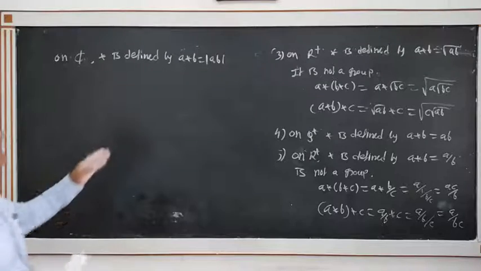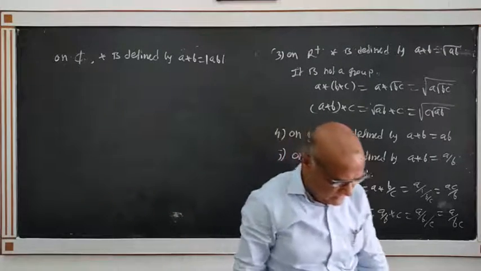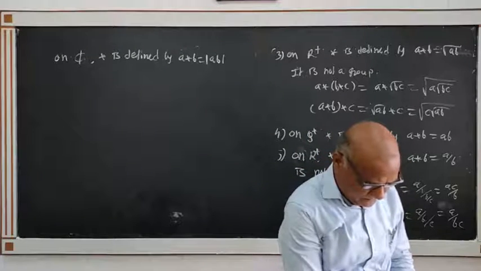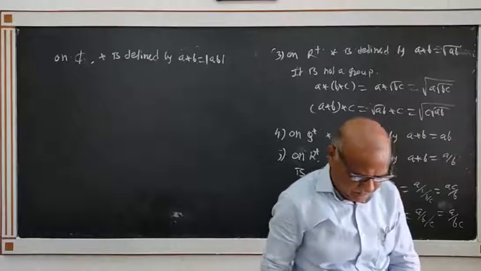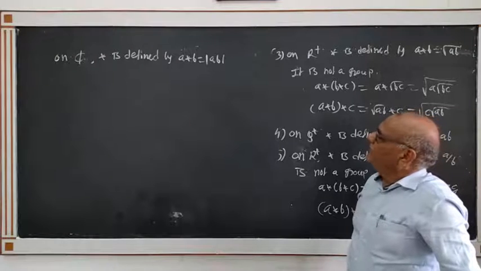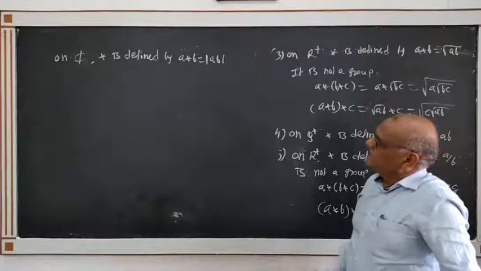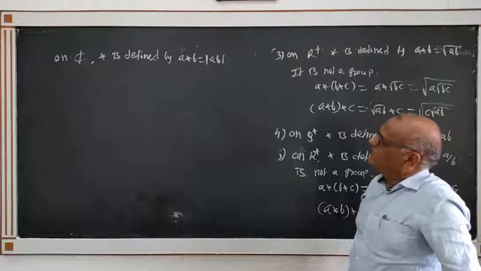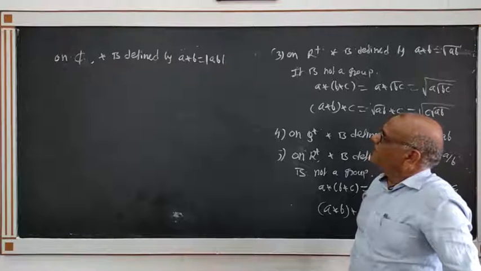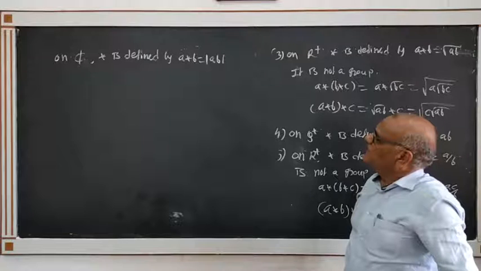Here this set is also not a group. Clearly it is a binary operation. The associative property is also satisfied.